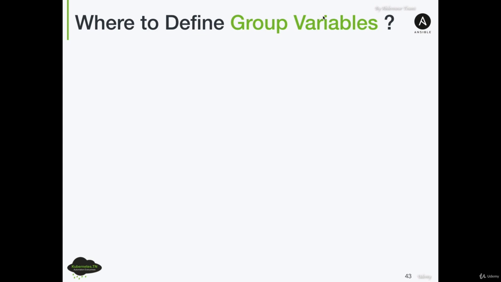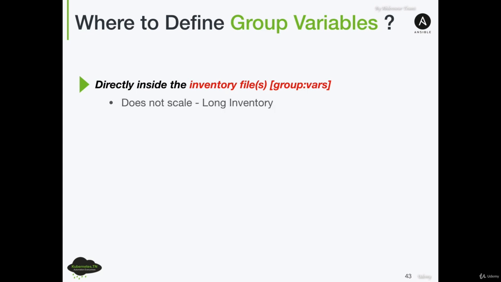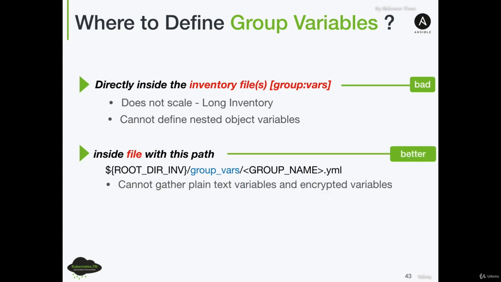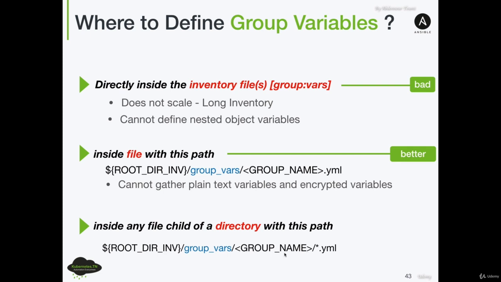The same applies to group variables. We used to assign variables for a group of hosts inside the inventory file using the :vars syntax. However, Ansible provides two other ways, like in the case of host_vars. Inside a file with this path, group_vars/group_name.yaml, and the best one is inside a directory with the same group name.